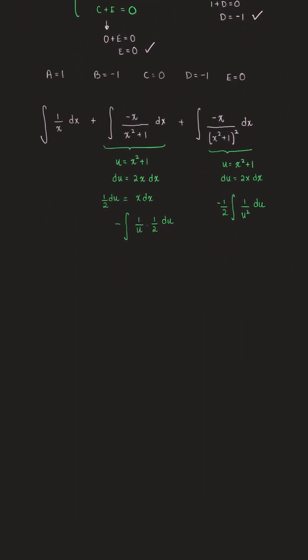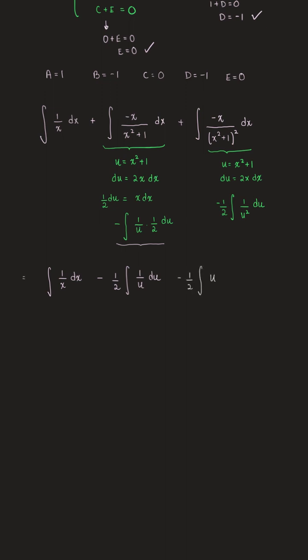All right, so let's write this out. So we have integral of 1 over x dx, we know what that's going to be, minus, I'm going to pull a 1/2 out of this second integral, and then minus 1/2, and this is 1 over u squared, the same as u to the negative 2 du. Let's integrate and put our u's back in.